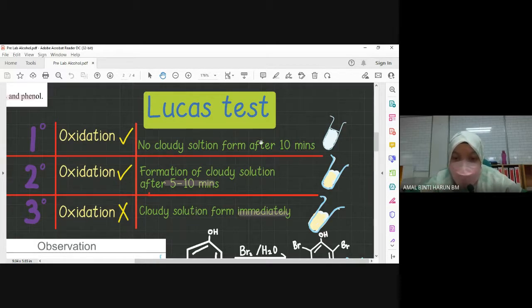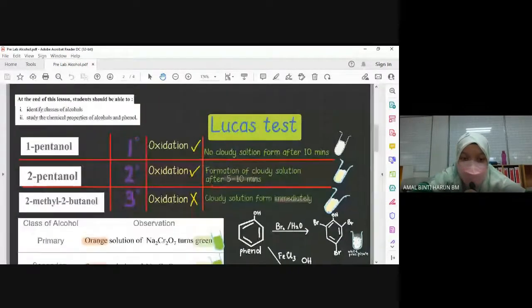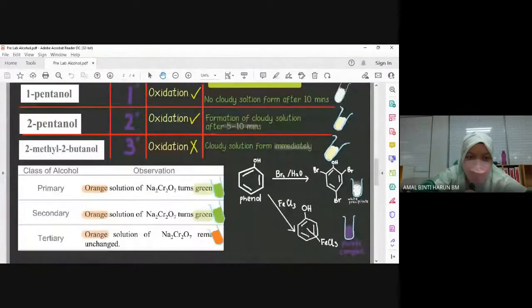Tapi kalau primary is very very slow. Kalau secondary alcohol, it takes 5 to 10 minutes, and then if tertiary, it will be instantly form cloudy solution. So kalau reactivity primary, secondary, tertiary berbeza, so bolehlah kita classify the alcohol. Okay, kita tak boleh identify lah dia alkohol apa, tapi kita boleh tahulah ini primary, secondary, tertiary alcohol. Okay, itu test yang pertama, Lucas test.